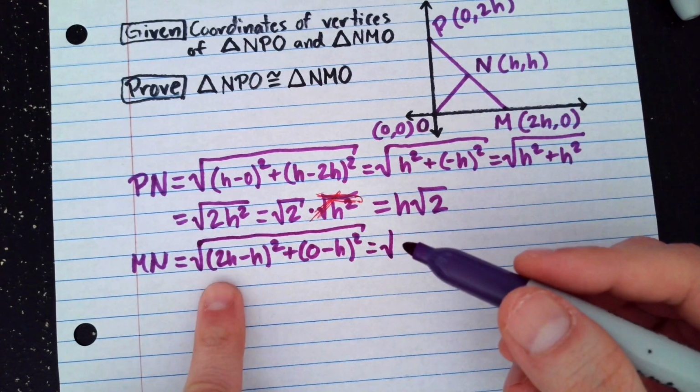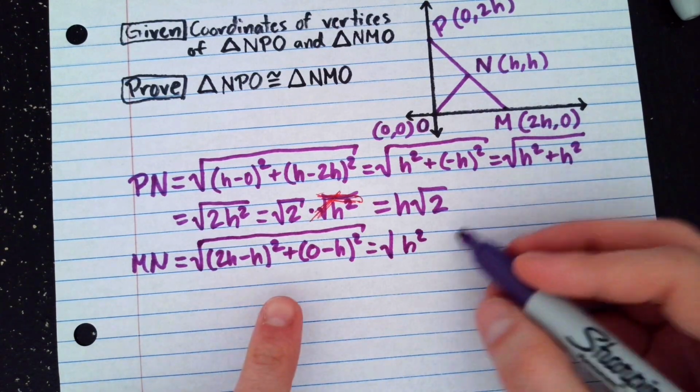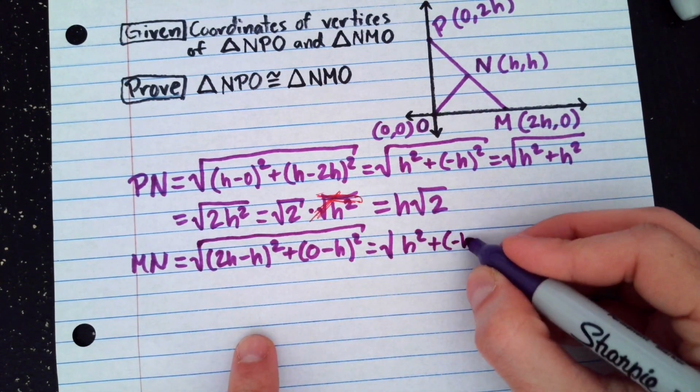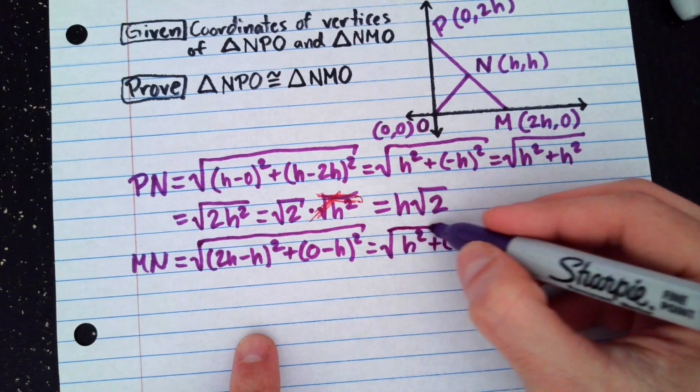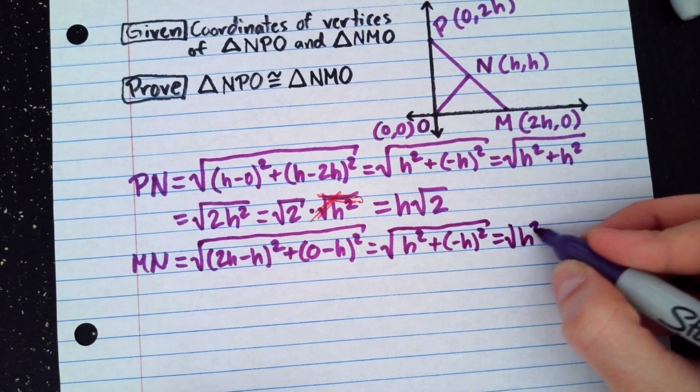We're going to simplify. 2h minus h is just h to the second power plus 0 minus h is minus h to the second power. But as we see, like before, we're going to be getting the same thing.